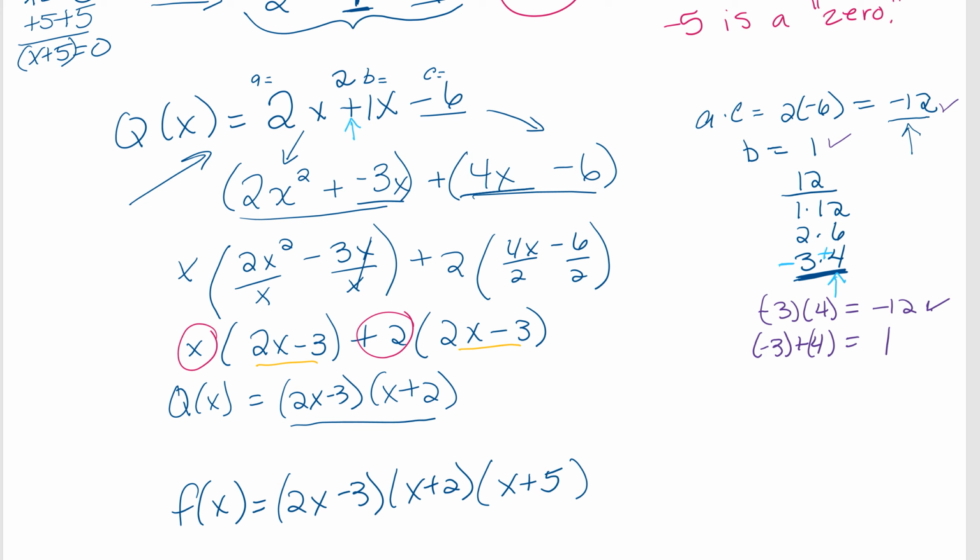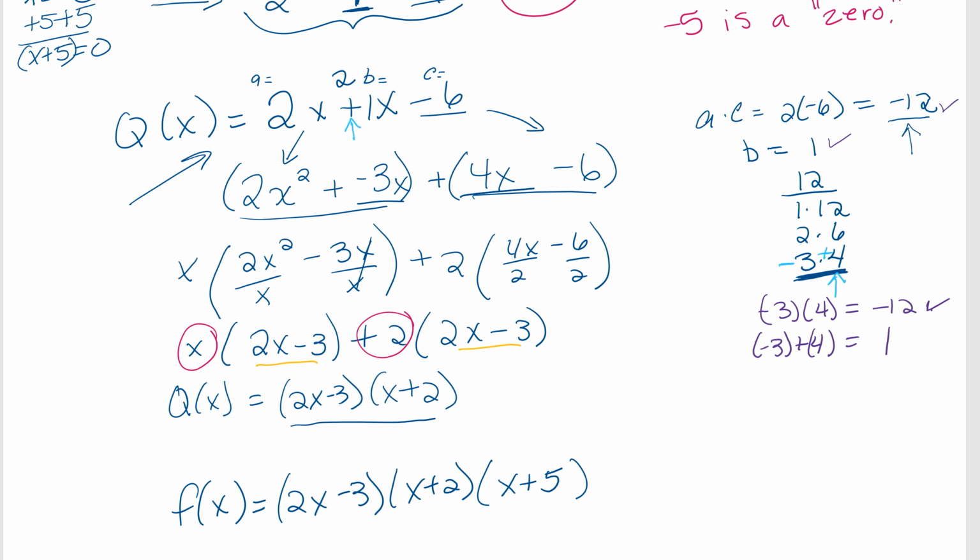If we wanted to go further, we could set each of these factors equal to 0 and actually find out the zeros or the solutions when we would say f of x equals 0. But for now, I'm going to stop. So if it just said factor this function, this is actually the process for doing this. Again, two of the factors come from the quotient.